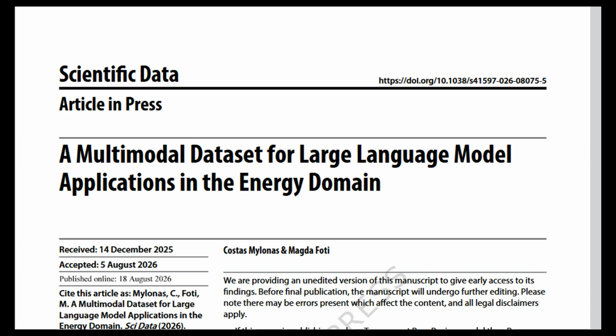Dataset composition. The MyEnergy dataset integrates 4 distinct modalities. Textual data, 50,000 documents, includes Wikipedia articles on energy topics, news articles from GNews API, scientific literature from arXiv, and official EU governmental documents from sources like the EU Directorate General for Energy and ACER.